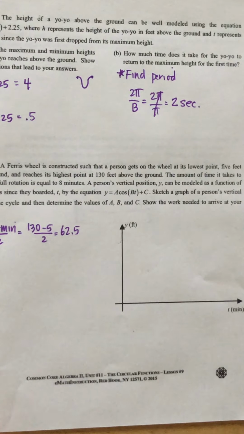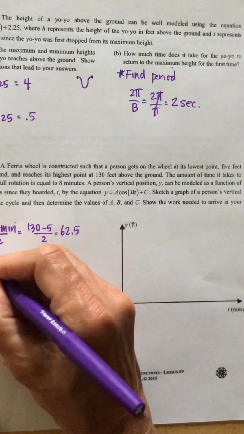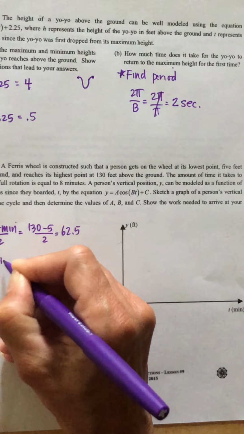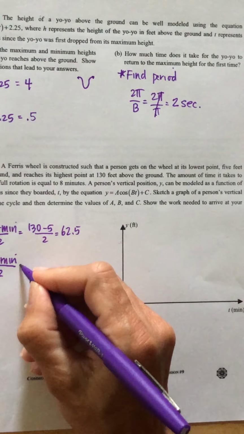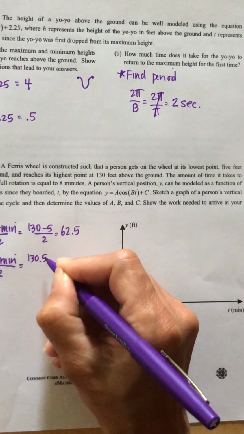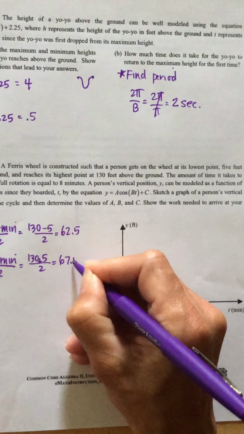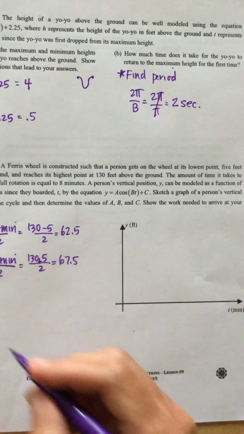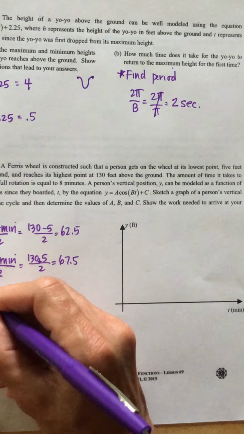Our C value is the next easiest piece to find. That's going to be our midline. Max plus min over 2, and that's 130 plus 5 over 2, which is 67.5. Okay, let's find the B value. We get that from the period formula.